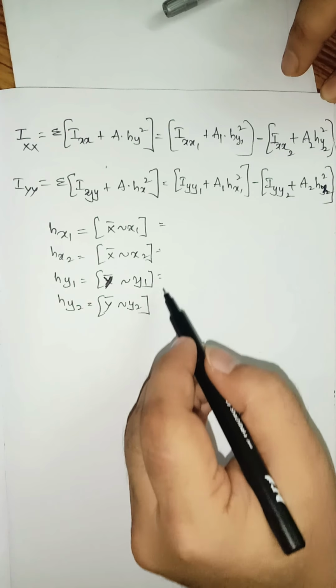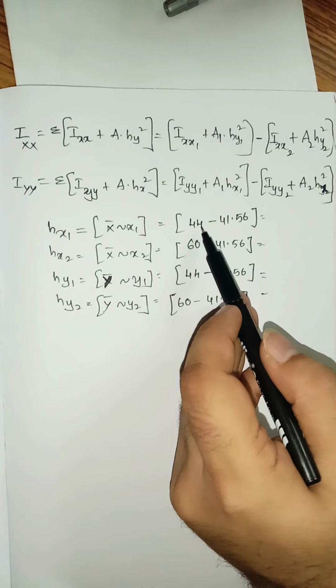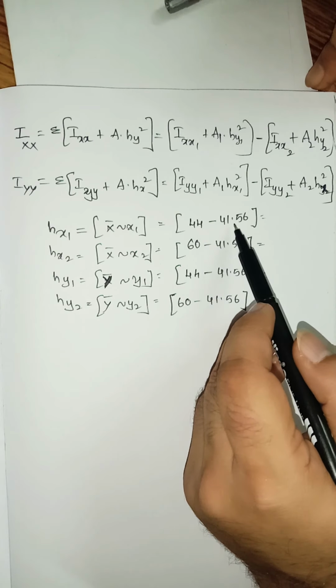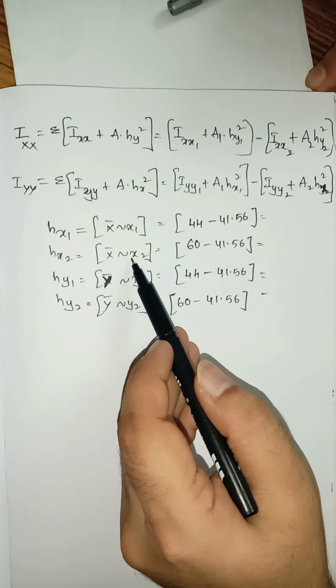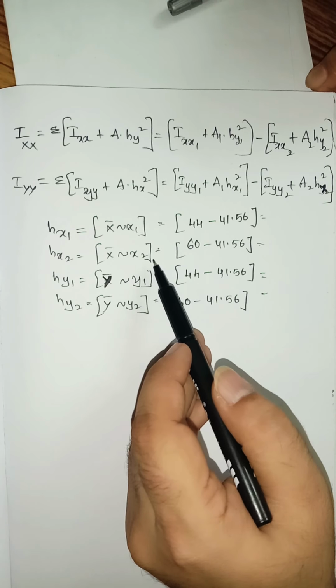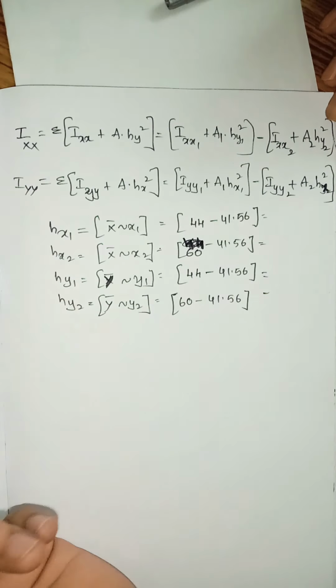Now substituting the values here, we have x bar and x1, 44 minus 41.56. So here this one is x1 and we have x bar here. Similarly, x bar minus x2. So the difference between these two things can be taken as 60 minus 41.56.